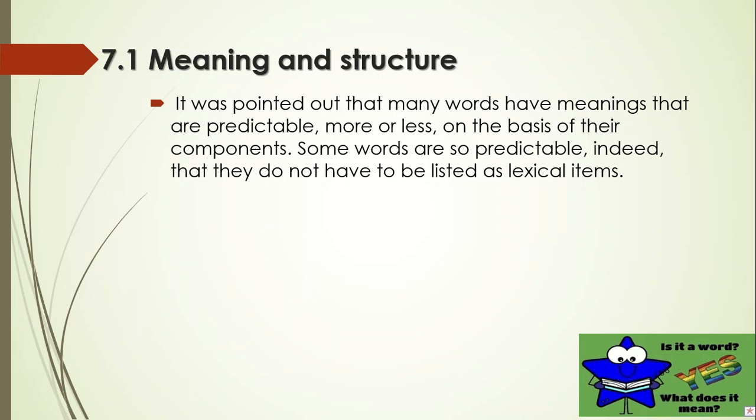It was pointed out that many words have meanings that are predictable, more or less, on the basis of their components. Some words are so predictable indeed that they do not have to be listed as lexical items.